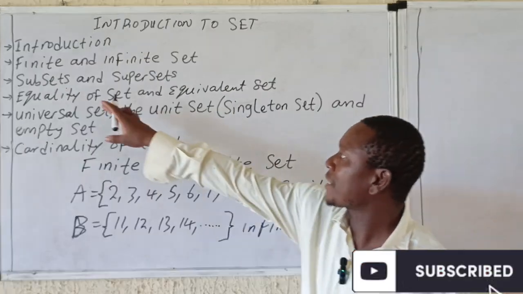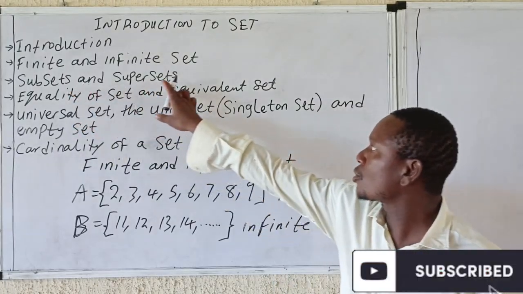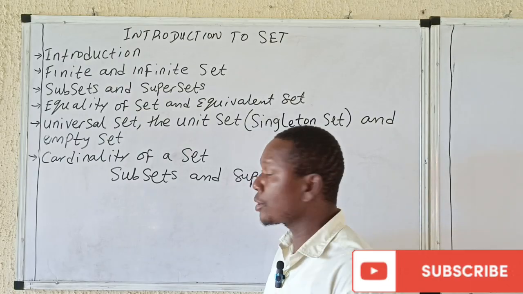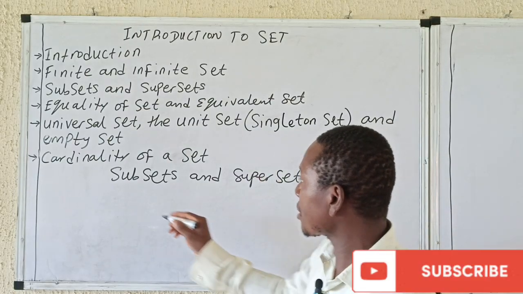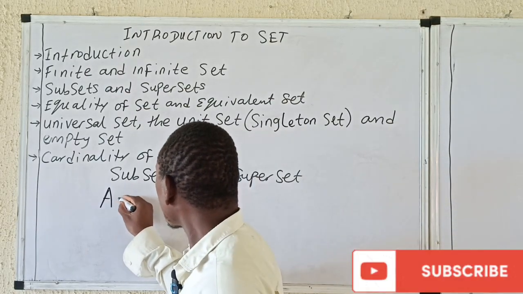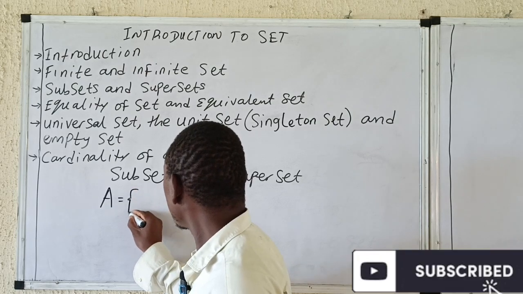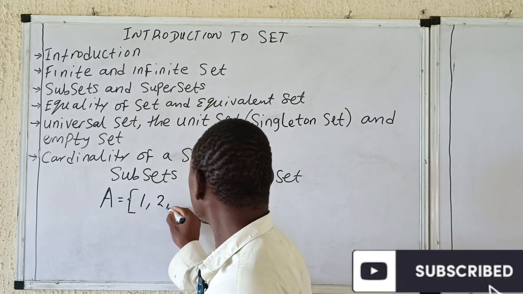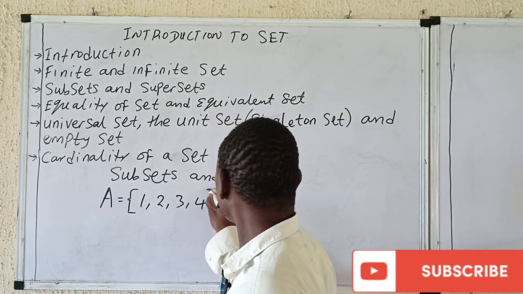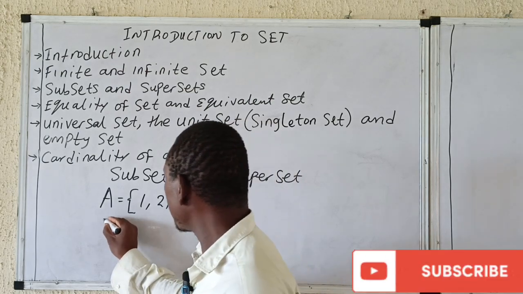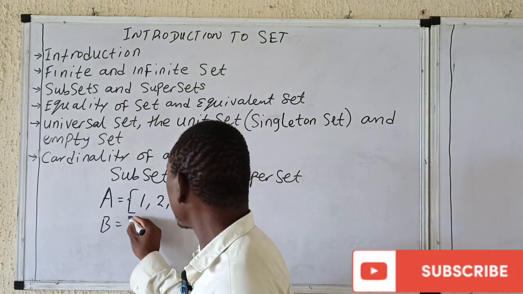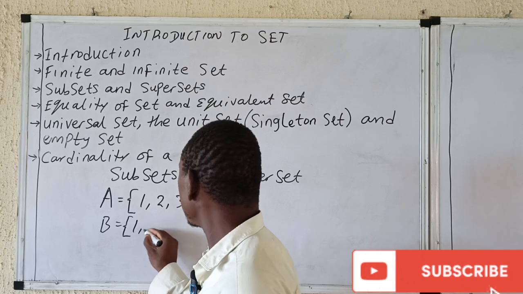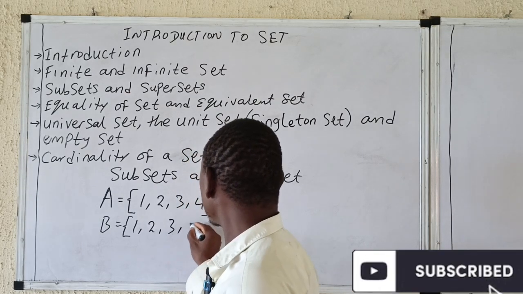Let's talk about the next item here, which is subset and superset. Let's use two sets to illustrate subset and superset. Set A comprises members 1, 2, 3, 4. Set B comprises members or elements 1, 2, 3, and 4.